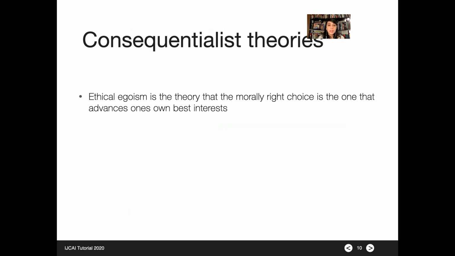Now, note that one's own best interests are not necessarily self-interests. This, we believe, is called psychological egoism or something like that. So how do you know that the choice is right to be made? Then you ask yourself, does this advance my interest?